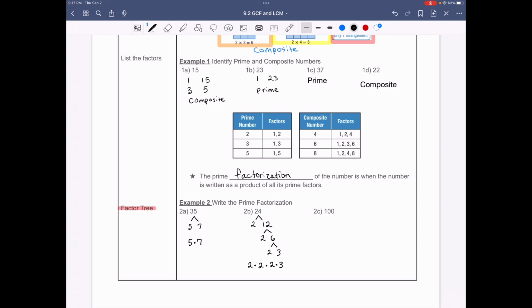That's how you write the prime factorization, because 2 is prime, 2 is prime, 2 is prime, and 3 is prime. Let's pause the video and you can complete the factor tree for 100 and write the prime factorization. Get ready to turn your page.